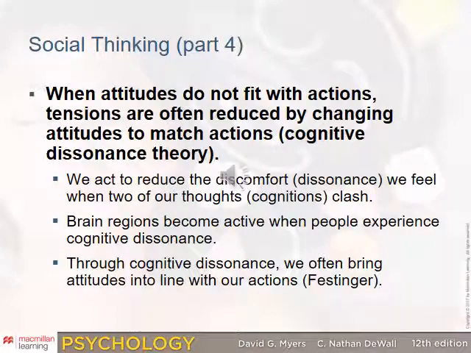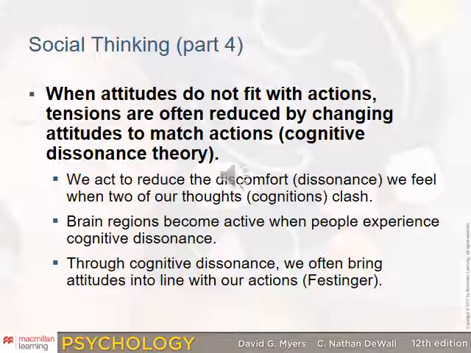So think about when attitudes do not fit with actions, tensions are often reduced by changing attitudes to match actions. So cognitive dissonance can influence how people feel about themselves, how they view themselves, leading to negative feelings of self-esteem and self-worth, because people want to avoid this discomfort. Cognitive dissonance can have a wide range of effects.